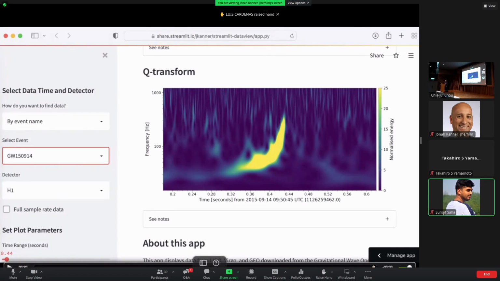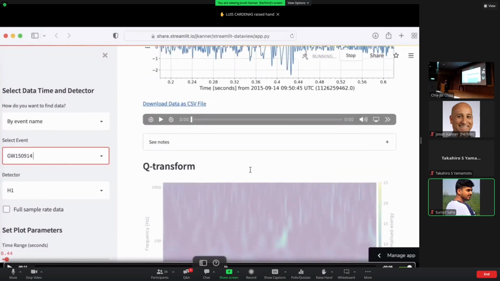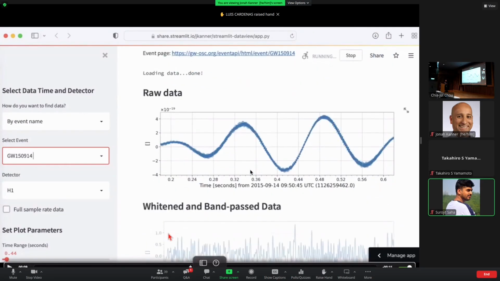I do want to highlight in this video that the first thing that happens is the raw data are plotted. And again, I want to highlight that when you open up a data file, you're not seeing the signal. When you plot the raw data, you're seeing noise. That's really important to understand: the data are completely dominated by noise.